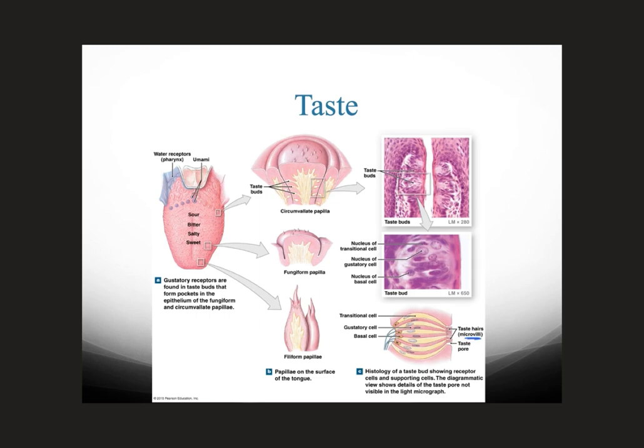Microvilli are here to increase the surface area, and by increasing the surface area, it allows the substance to be detected by your gustatory cells. Now from your gustatory cells, the information is going to leave through these nerves, which take that information all the way to the brain to be interpreted.